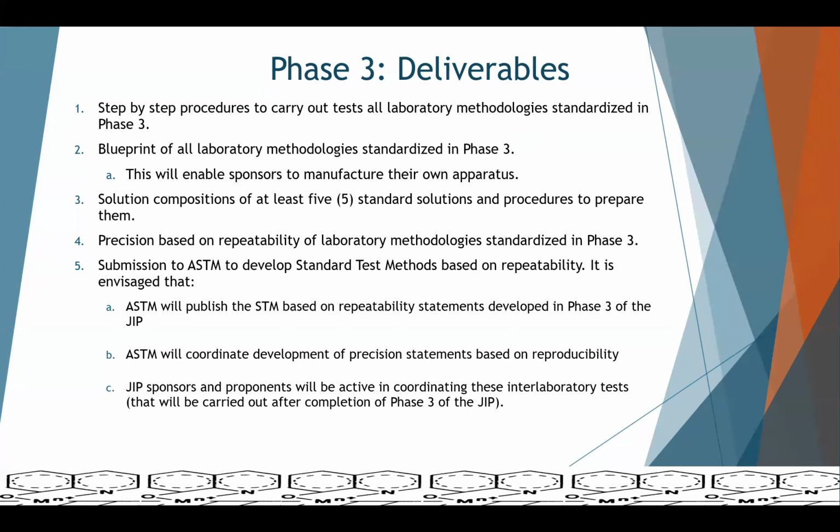Reproducibility, we believe that ASTM or AMP will coordinate. In ASTM, they have a 5-year window to develop reproducibility. Again, repeatability, one laboratory, reproducibility, multiple laboratories. We hope to continue collaborating with ASTM to develop reproducibility after the JAP is completed.